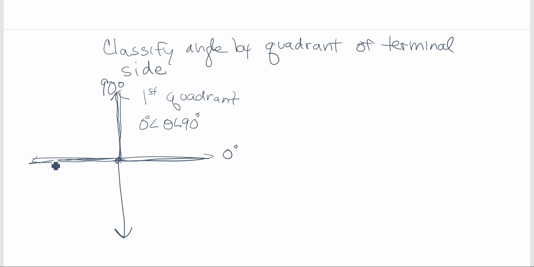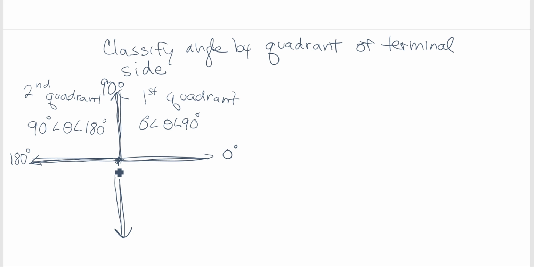If the terminal side were instead on the negative x-axis, that would be a 180 degree angle. And so if I'm in the second quadrant, it would have a measure between 90 degrees and 180 degrees.